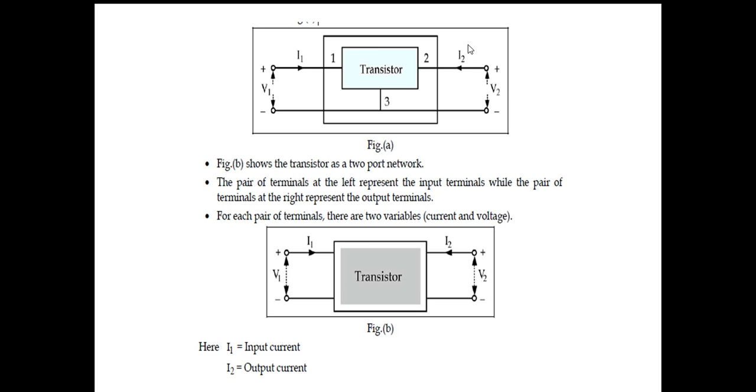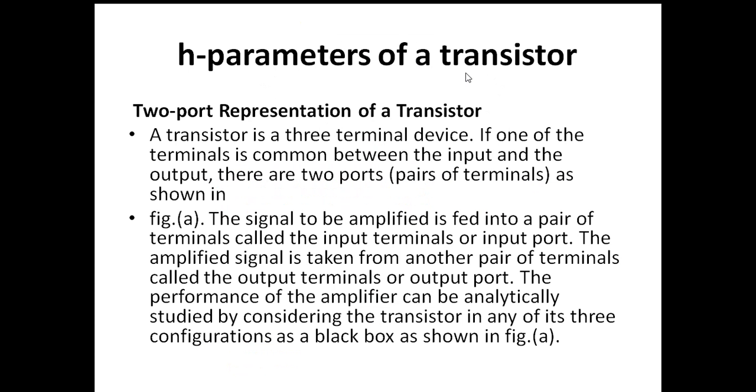Obviously, the current flows from the second, hence the voltage measured across 2 and 3 is called the output voltage. Now V2 is the output voltage and I2 is the output current. Let us go back to the H parameters of a transistor.